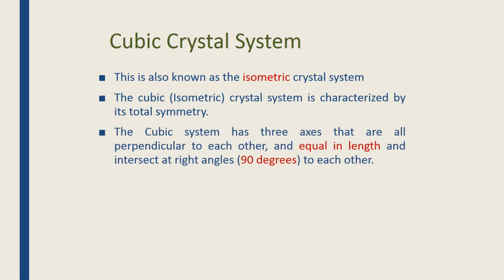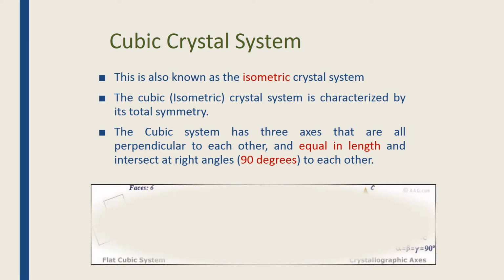The cubic system has three perpendicular axes, A, B, and C. As we saw before in the last figure, they are equal in length, and they intersect at right angles, 90 degrees to each other. So it's very simple: A, B, C have equal lengths, and they cut each other at right angles.